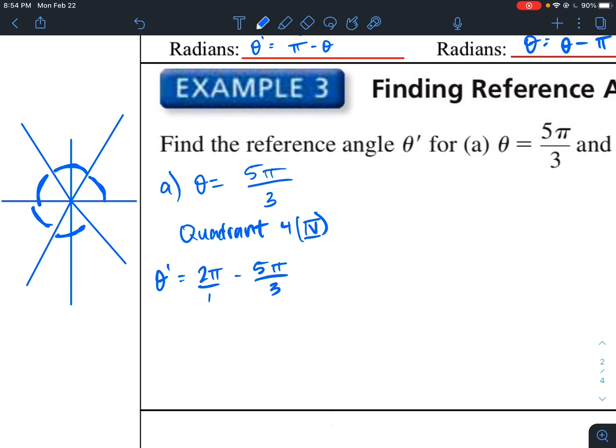To subtract these, I need a common denominator, so this is equivalent to 6 pi over 3 minus 5 pi over 3, and 6 minus 5 gives 1 pi over 3. So this is my reference angle. In this case, my reference angle is this angle right here, the angle from the terminal side to the x-axis.